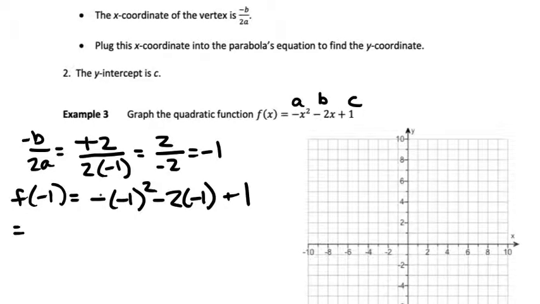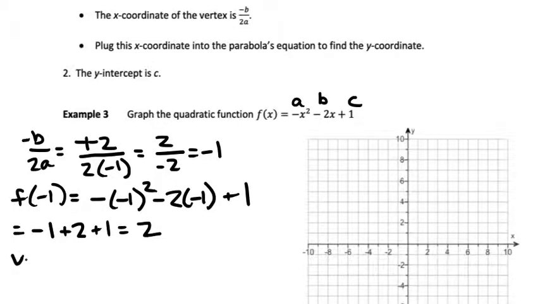And then I put the negative sign. You can't make this a plus sign first and get 1 squared because that's going against order of operations. So negative 1 squared is positive 1. Put the negative sign on and that makes it back to negative 1. This is negative 2 times negative 1, so plus 2. And then plus 1. And that equals 2.